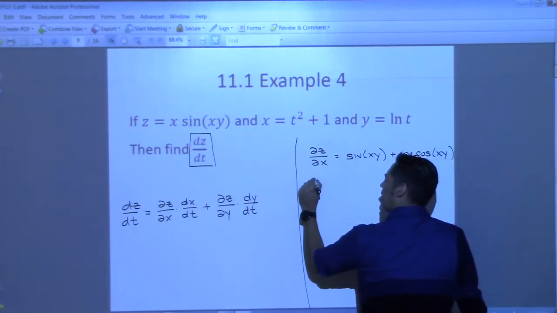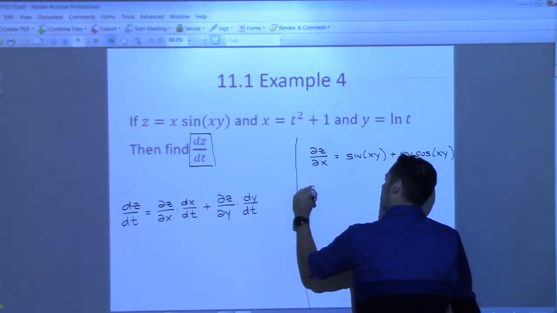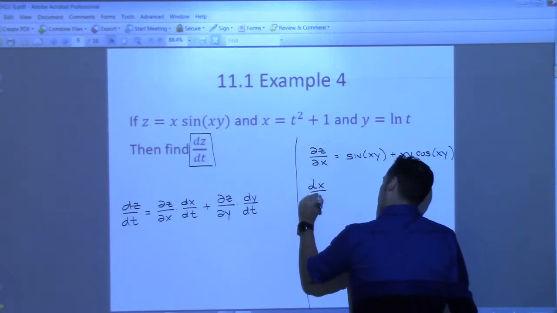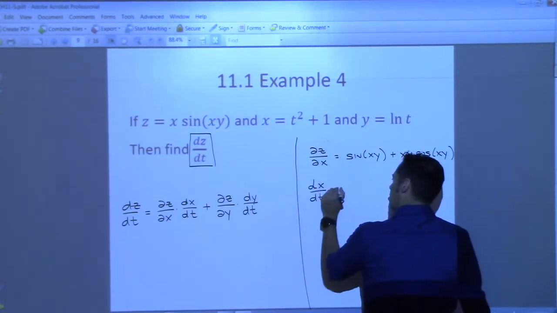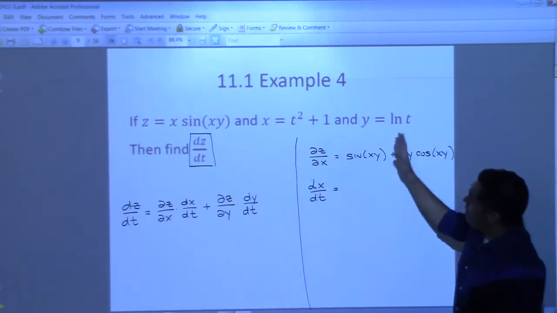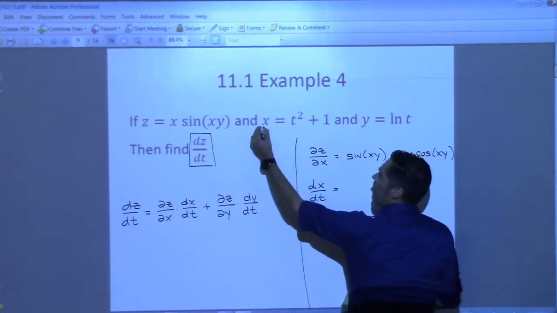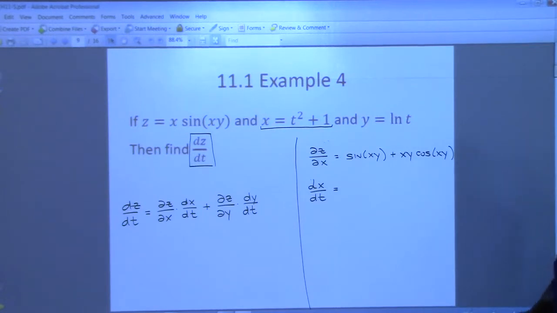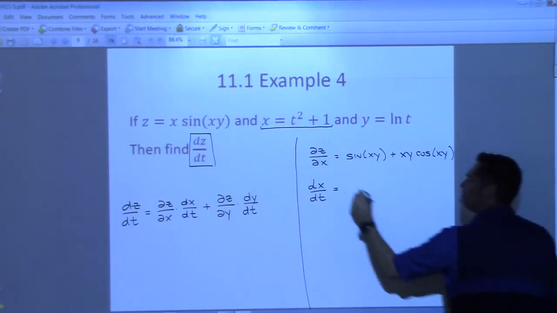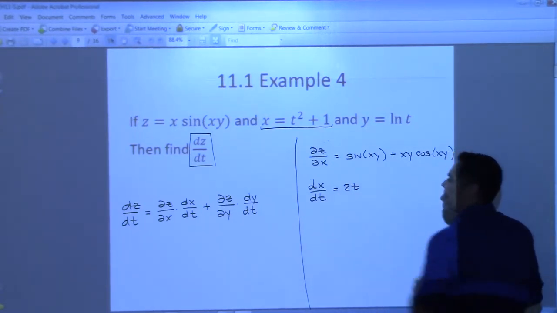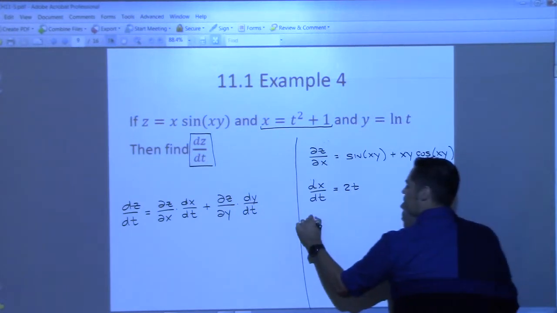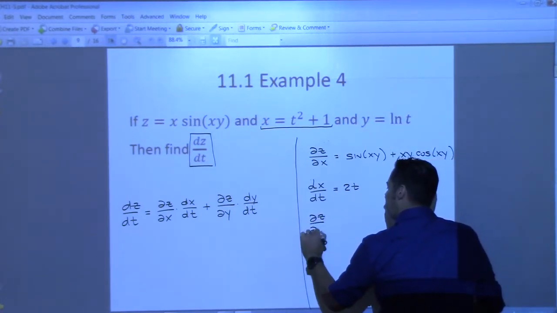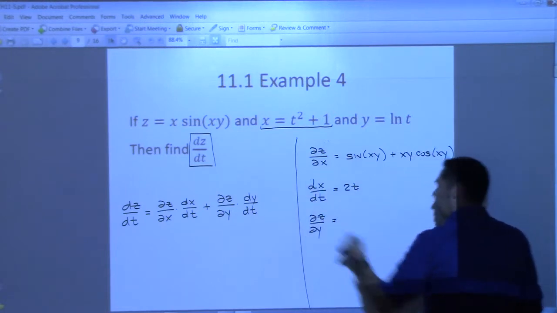Okay, I need the derivative of x with respect to t. So I come up here, I look at where I have my equation with x and t. I differentiate that with respect to t, just 2t. I need the partial of z with respect to y, which we did in the previous example.